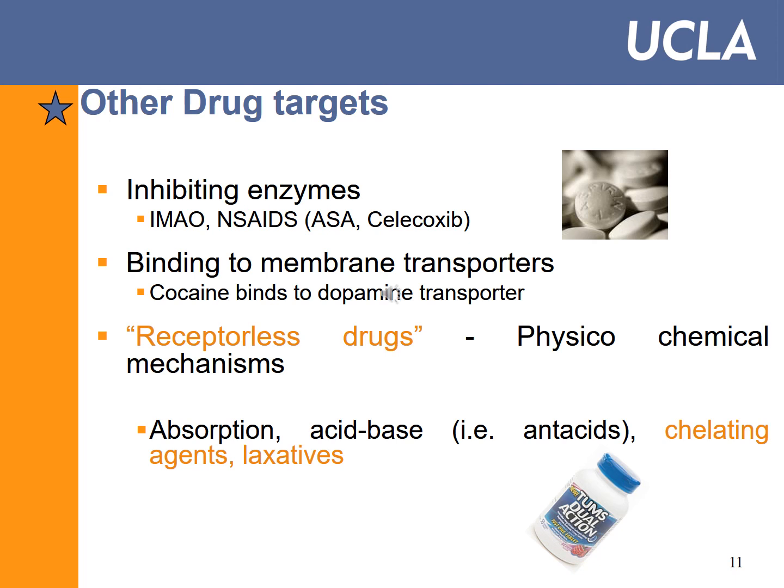They're just acting by their physicochemical properties. For example, the antacids, so they are drugs that can neutralize the acid in the stomach, and they do it because they are more basic drugs and they will neutralize the acidity. That's, for example, your Tums. Then you have drugs that are chelating agents, so they act by chelation, which means they are going to bind to a molecule, and these are used, for example, in toxicology to remove some drugs in case of intoxication.